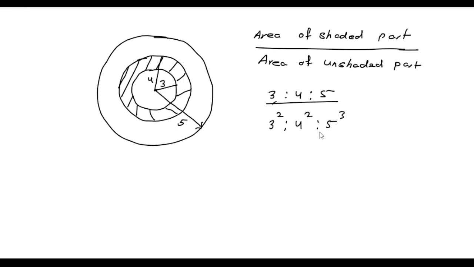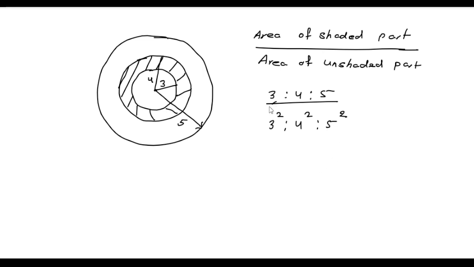If the same thing I talk about a sphere, then it will be 3 cube, 4 cube and 5 cube. It's 5 square, not 5 cube. If two figures are similar, then the ratio of their areas will be equal to the ratio of the squares of their corresponding sides. I hope you have done this concept in similarity.